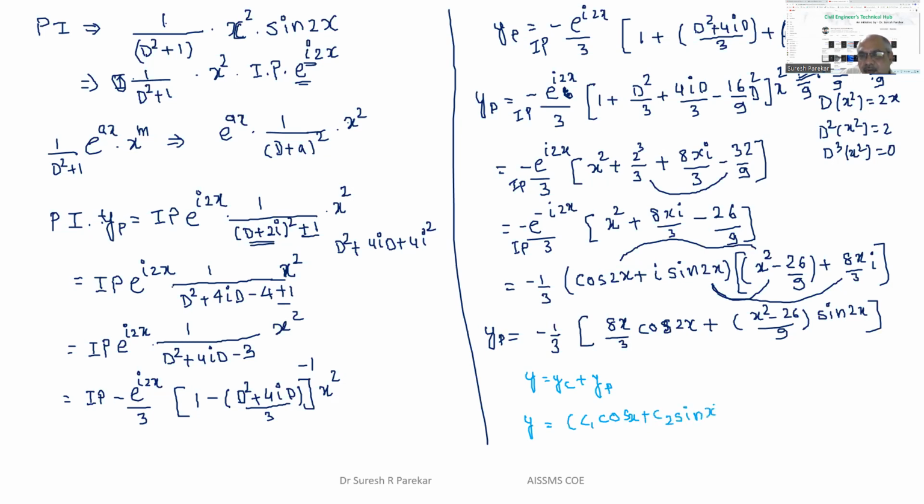This is the complementary function. And then we have minus 1 by 3 in bracket 8x by 3 cos 2x plus x square minus 26 by 9 into sine 2x. And then from this, we will have the solution for the given differential equation.